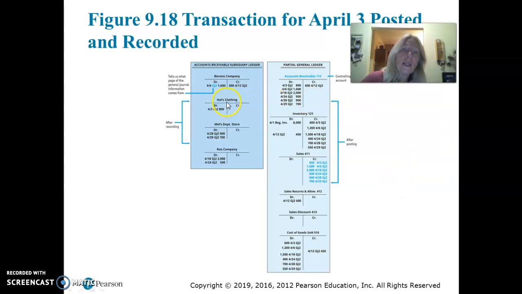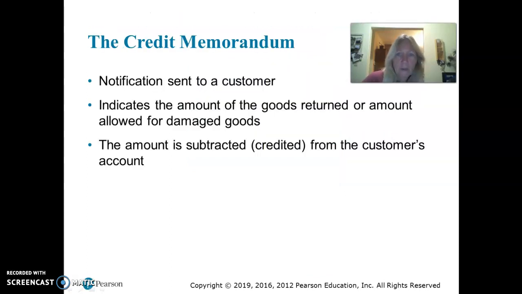Okay, so each one of these are posted to the ledger and they're all posted to the accounts receivable also. It's like you're entering it 2 times. Okay, so they're just giving you a term, and the term is a credit memorandum.